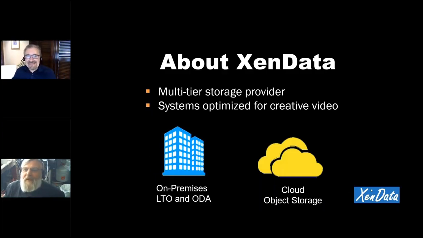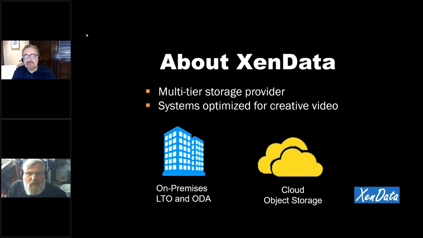Thanks, Andrew. The best way to describe XenData is as a multi-tier storage provider, and we focus on the needs of the media and entertainment industry. We're best known for our digital video archives that store files on LTO and have a disk caching storage tier.